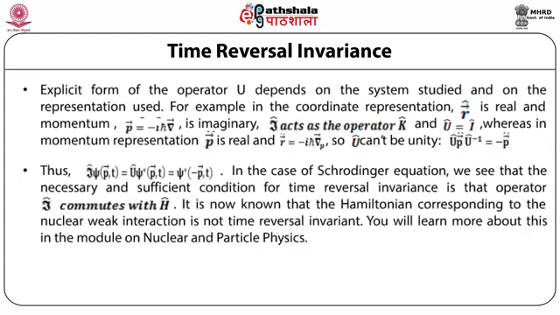Thus, the time reversal operator acting on the wave function psi as a function of momentum vector p and time t can be written as operator U acting on the complex conjugate of the wave function psi as a function of momentum operator p and time t, and this is equal to the complex conjugate of the wave function psi as a function of minus of momentum operator p and time t.